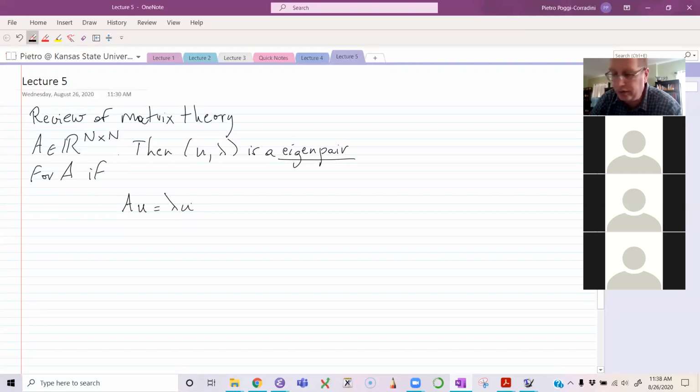There's another condition. u should be non-zero. u should be a vector, but not the zero vector. And lambda should be any real. And then they should satisfy this eigenpair equation.